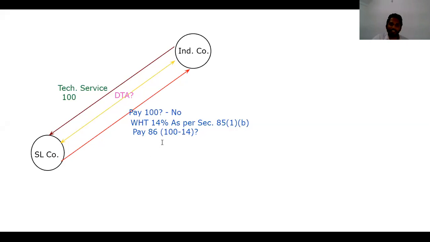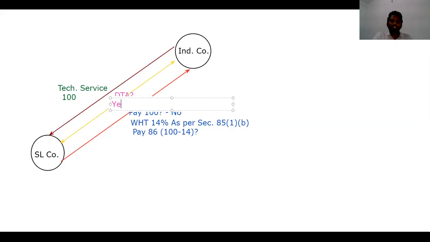It is a gazetted, legally valid agreement between two countries in order to avoid double taxation. If income is taxed in Sri Lanka and also taxed outside, we need to avoid that. If there is no DTA with the country, we deduct 14 and pay 86.